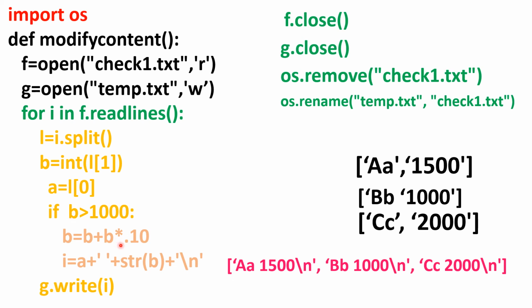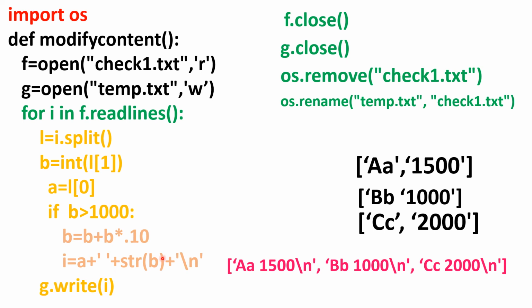The condition is again satisfied. We add 10% of 2000 and then make a complete record: a is the name, this is the salary in string format, and this is a new line. After making the new record, we copy it into the temporary file with the help of object g.